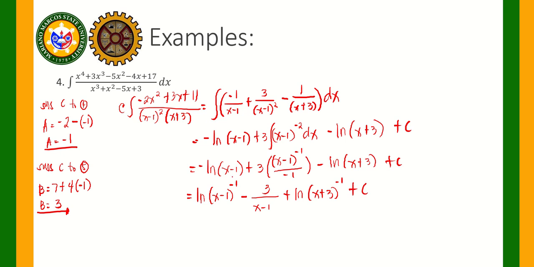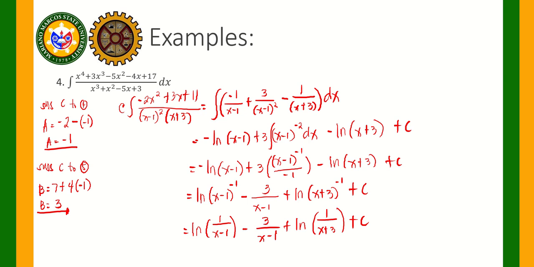So, we can rewrite this one, babaliktarin natin para maging positive yung exponent. So, this will be equal to ln of 1 over x minus 1 minus 3 over x minus 1 plus ln of 1 over x plus 3 and then plus c.